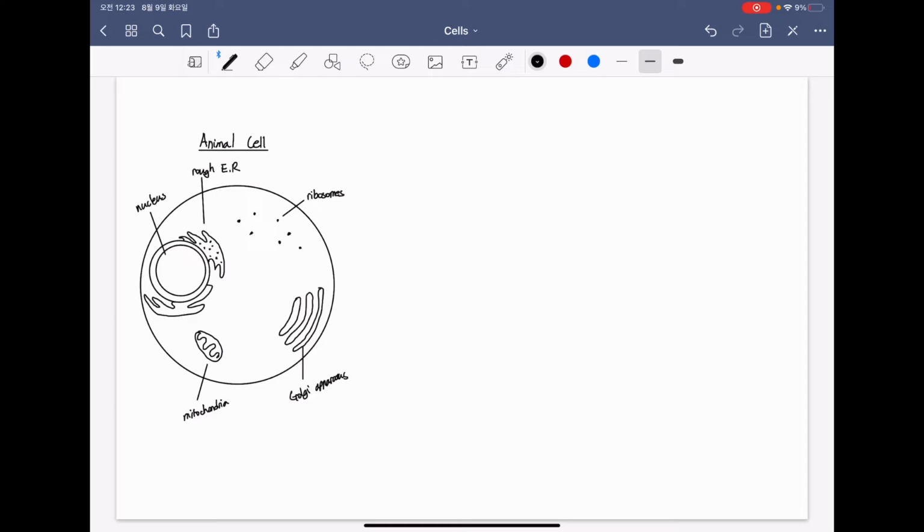And now we'll move on to drawing a plant cell. I'll pick the palisade mesophyll cell because it's an exemplary, the most famous typical plant cell. Like any other cell, a plant cell starts with a cell membrane.